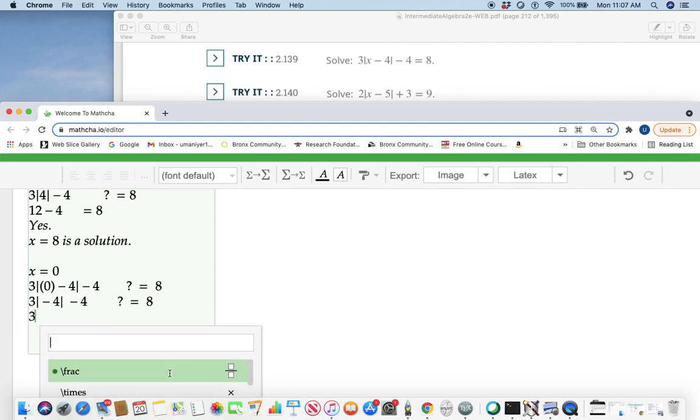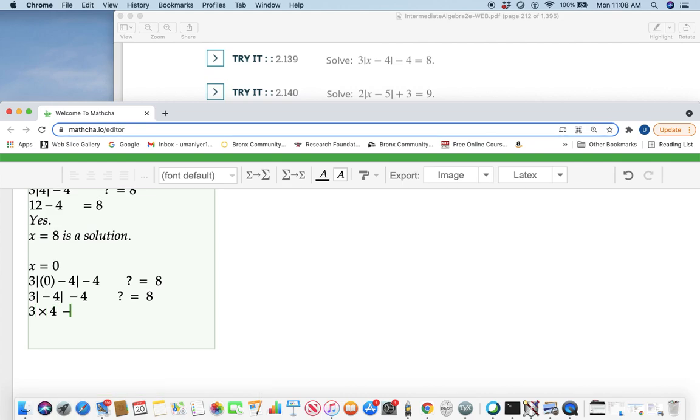So you're checking whether 3 times positive 4 minus 4 is equal to 8. So that's 12 minus 4. It is equal 8. So yes, x equals 0 is a solution. So we have two solutions. So solution set is 8, 0.